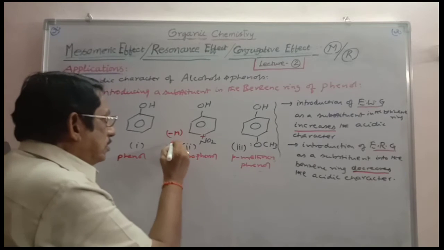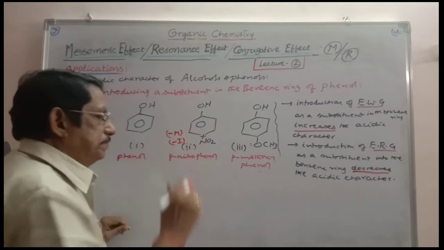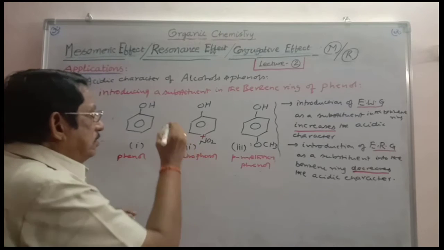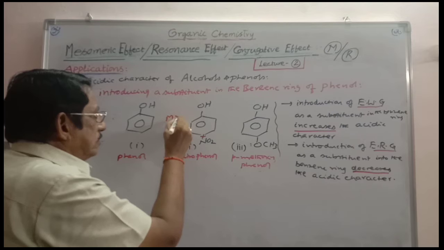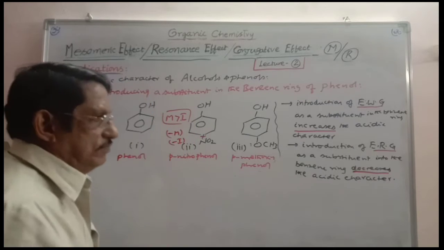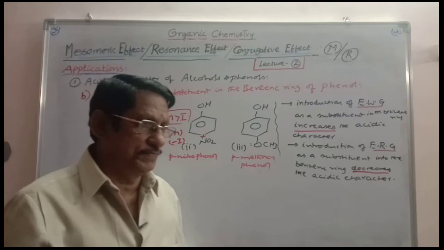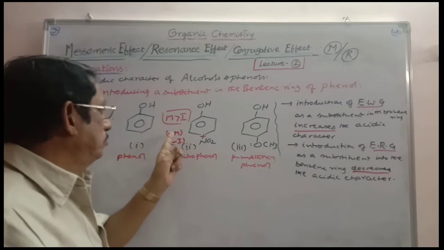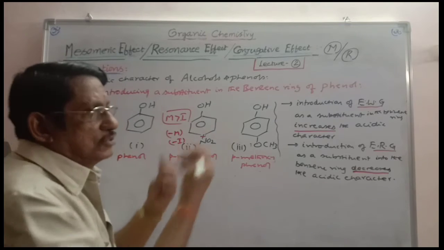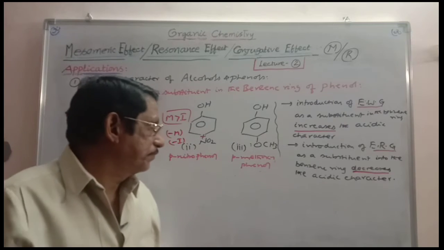It is also exerting minus inductive effect. And whenever these two are there, mesomeric effect is greater than inductive effect. Don't forget. You have to give priority to mesomeric effect. Basing on that, you have to give the results. So out of these two, mesomeric effect is dominating. And of course, minus inductive effect is helping the mesomeric effect to become more and more.